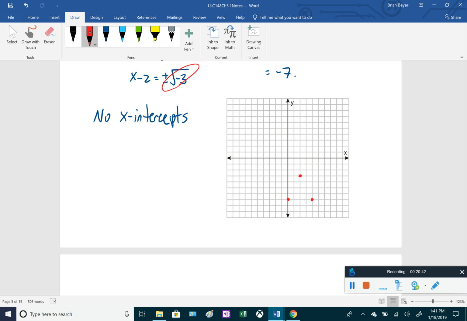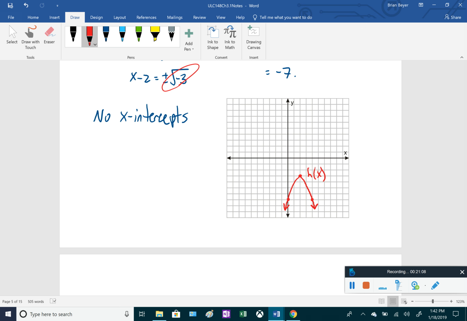So once again, use that y-intercept, same y value. And this was 2 x values away from the vertex, so that means this one has to also, based on symmetry. Okay, and connect them, and there we go. That is our parabola h of x.